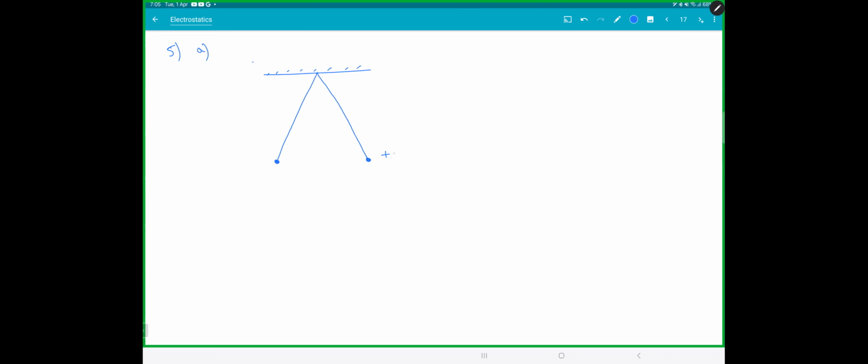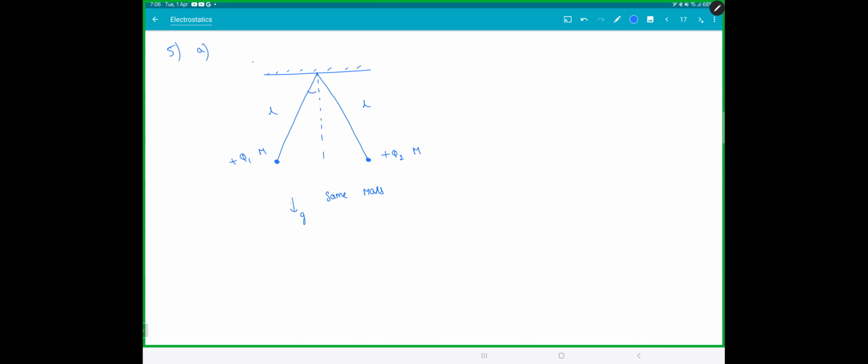Let's say this is Q2, mass is M. This is Q1 and mass is M. Same masses. Gravity is there. Length of the strings are L.